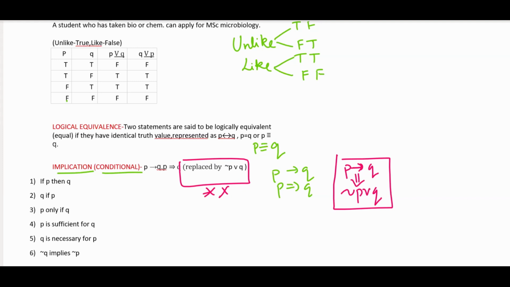There are 6 ways in which we can convert this P implies Q statement. Just check this example. If P is 'he is strong' and Q is 'he is intelligent', how do we read this? We read that he is strong implies he is intelligent.